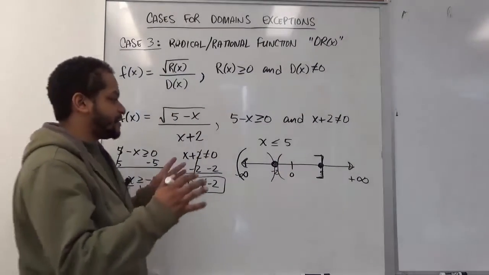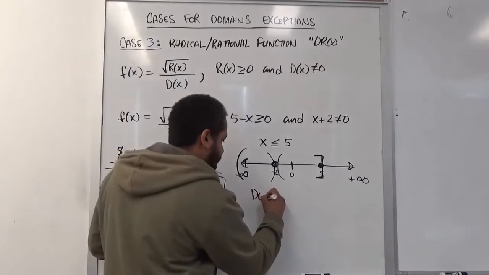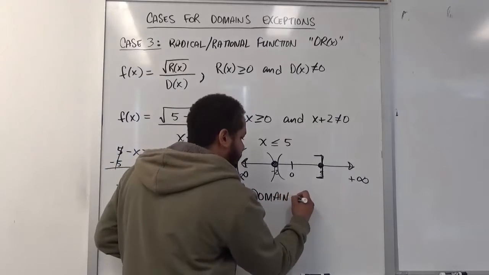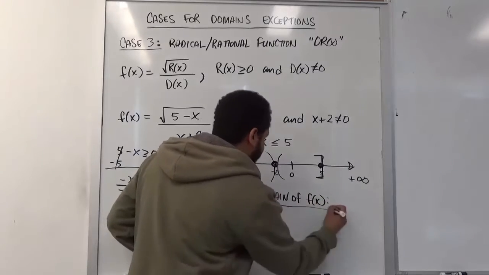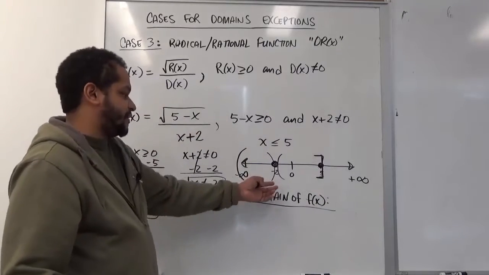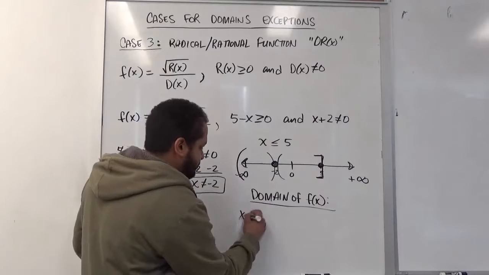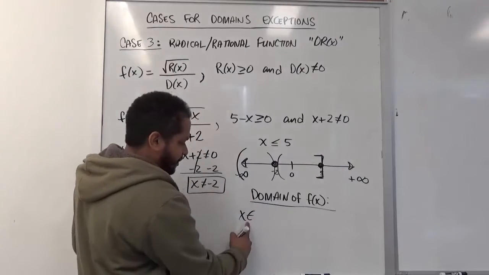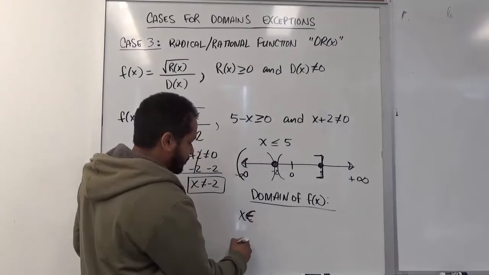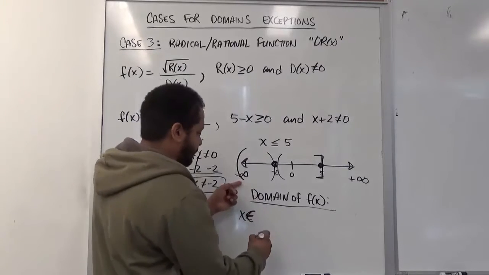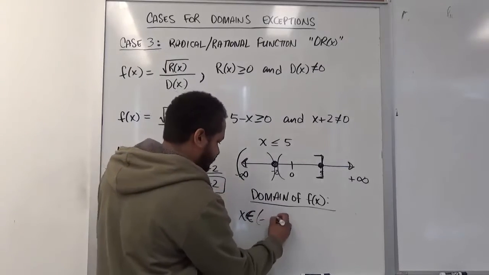Now, to compile the domain for this function, once you do this visual, it makes it very simple. So the domain of f of x is then, you take the values you see, and we see that x belongs to, and this is what the little epsilon symbol means, that means belongs to. We take the negative infinity with its parenthesis.